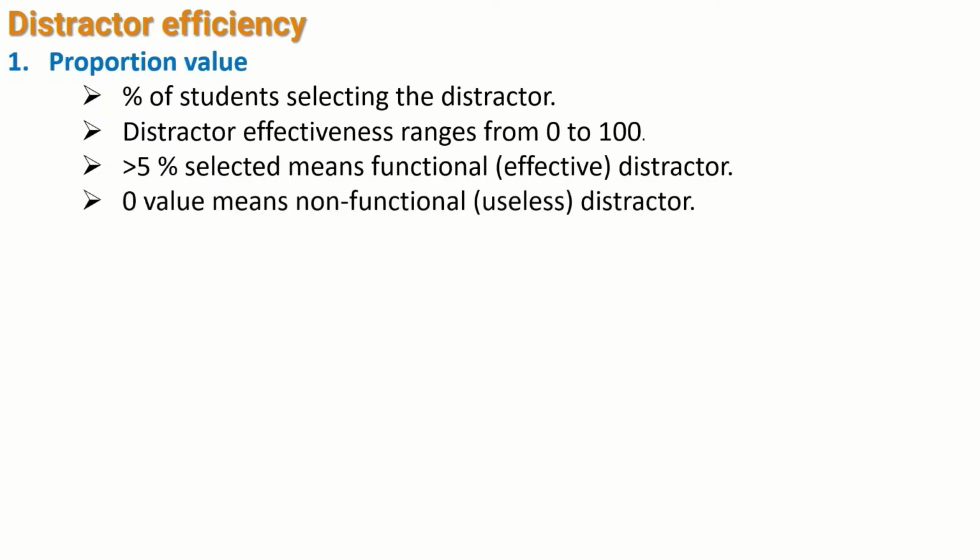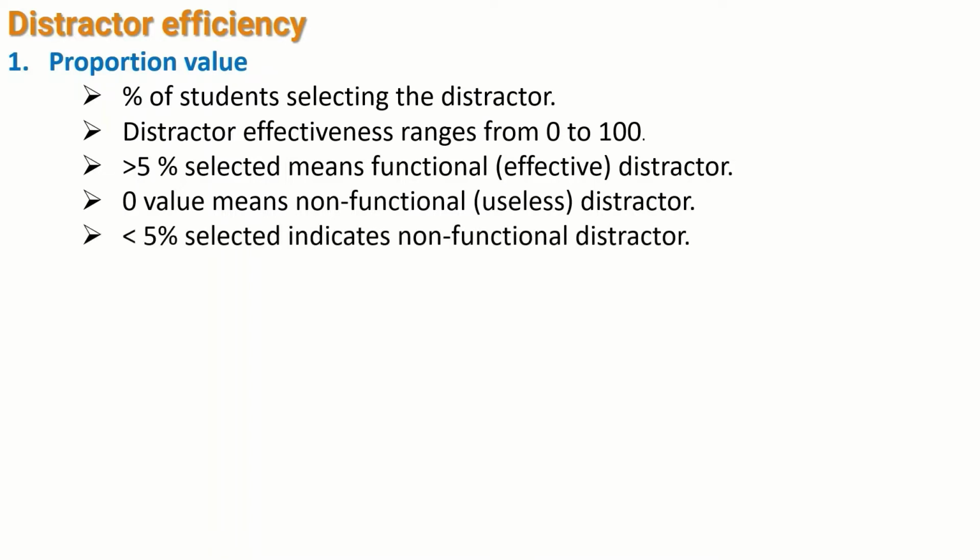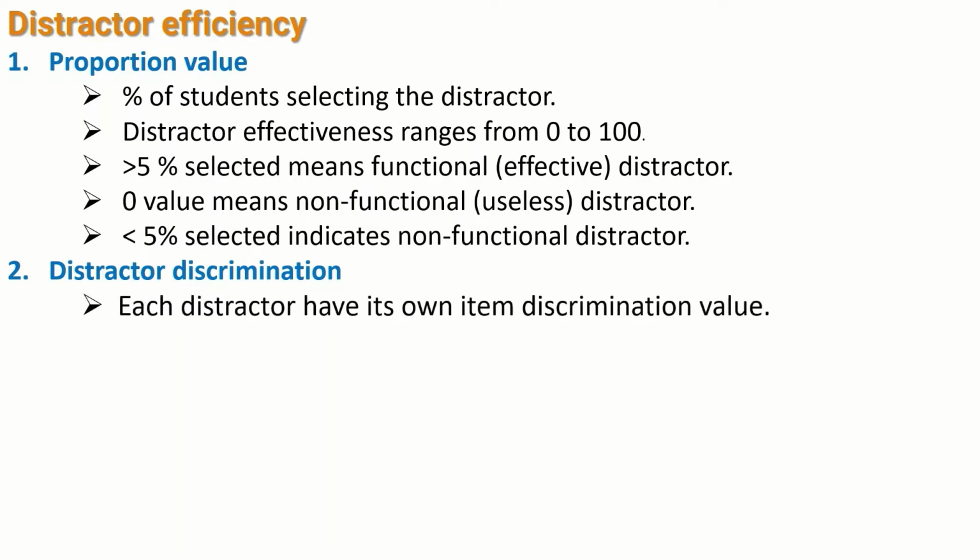A distractor that has not been selected by any student will be a non-functional, useless distractor. And a distractor that has been selected by less than 5% of the students is considered to be a non-functional distractor.